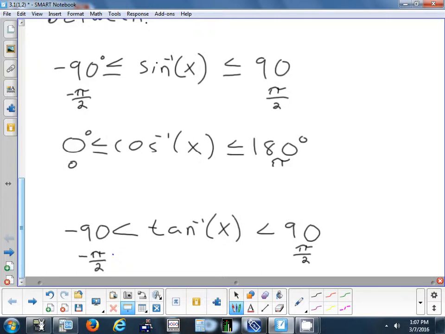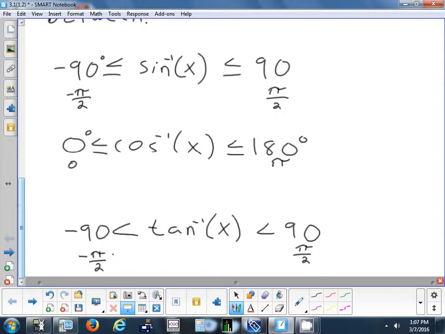Yeah, Cass. Sine can be equal to 90 or greater than, and then tangent can. Right. With sine, it can actually equal the 90 or the negative 90. With inverse tangent, it cannot. And in a minute, we'll look it up on our table. If you look in the tangent column and you look at 90, you'll see something interesting written in the table. Okay, so it cannot equal 90.